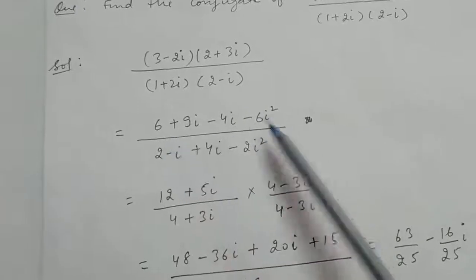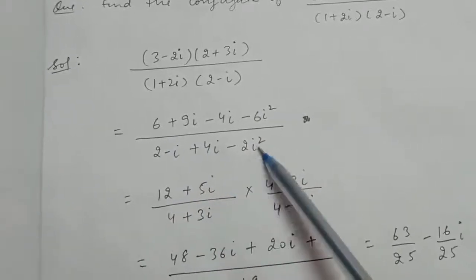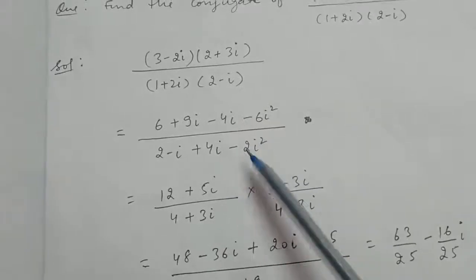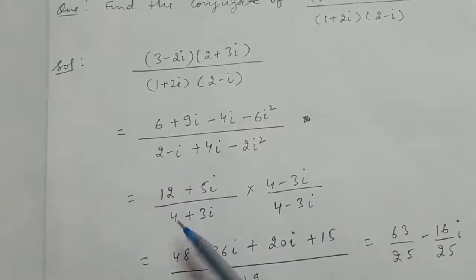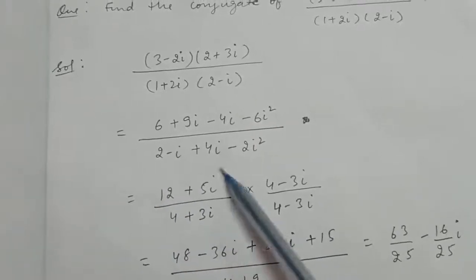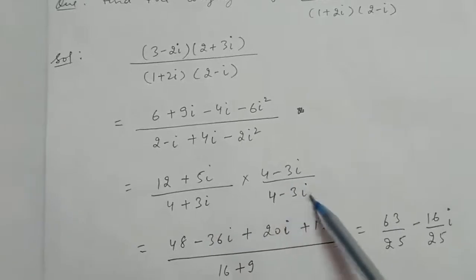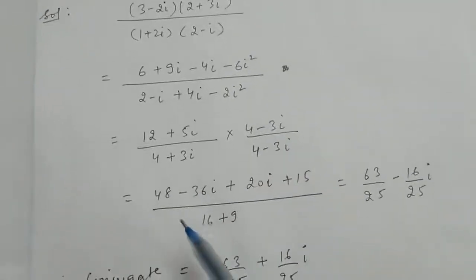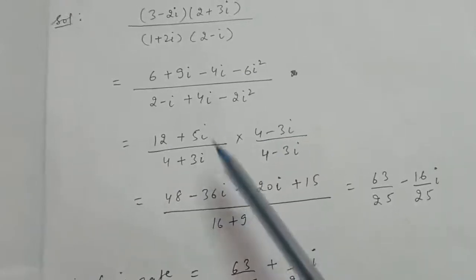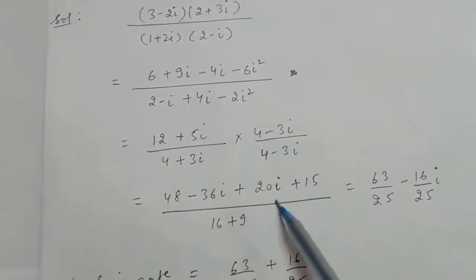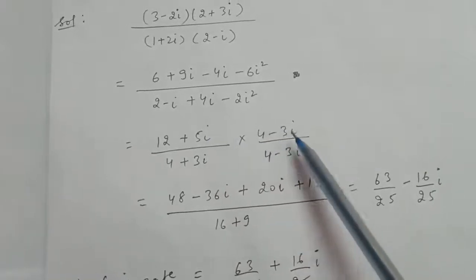So 6 plus 6 is 12 plus 5 iota upon, now this complete will be now plus 2 and plus 2. So you will get 4 plus 3 iota. Now rationalize it with 4 minus 3 iota, right? So in the numerator you will get 48 minus 36 iota plus 20 iota, and you will get this as 5 iota into minus 3 iota.